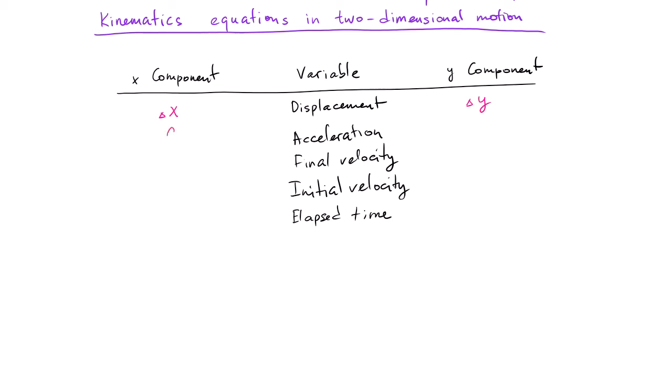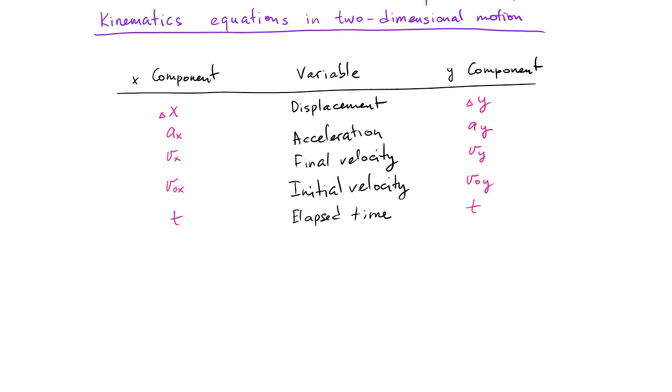And then we have a_x for the x component, a_y for the y component. For the final velocity, we will have v_x and v_y. For the initial velocity, we will have v naught x, v naught y. And the time is the same for both of them.